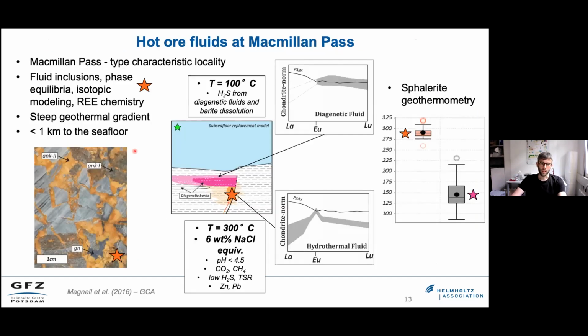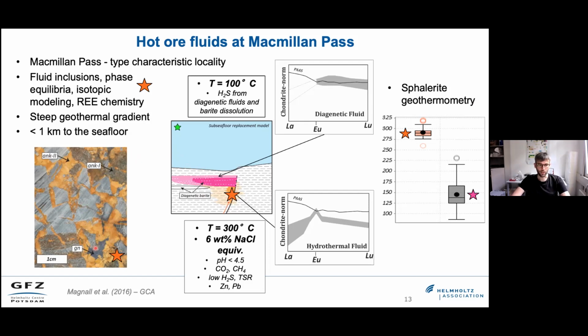This ties in quite nicely with some of our previous work on two late Devonian deposits in the Selwyn Basin. Here is a summary of some fluid chemistry constraints that we derived from a whole load of geochemical analyses on samples from the feeder zone of the deposit. Remember, this represents the main conduit of fluid upflow. We collected samples like this, which are highly altered and contain sulfide mineralization.